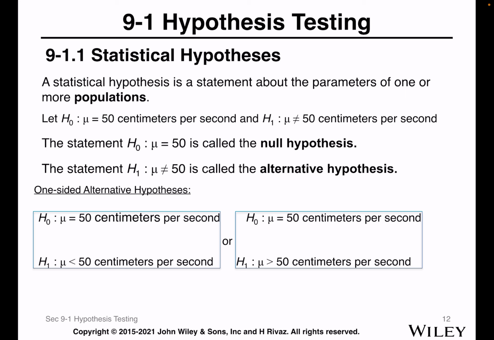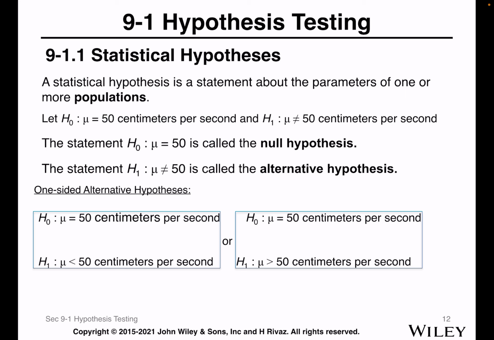Okay. So the final chapter of the book is about hypothesis testing, right? So a statistical hypothesis is a statement about a parameter of one or more populations, right?